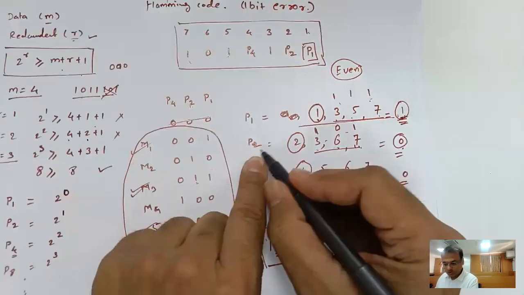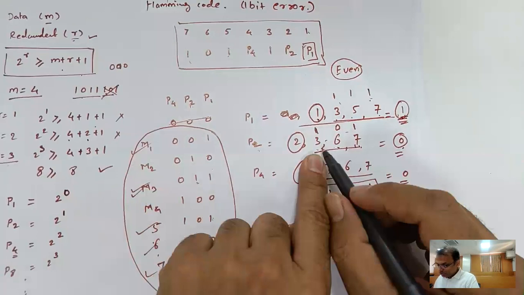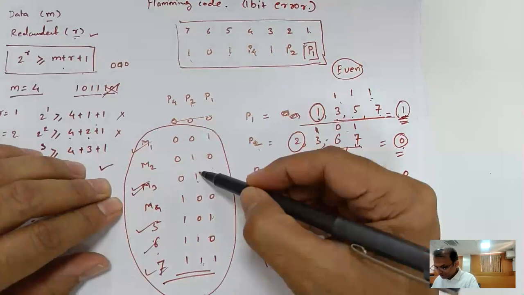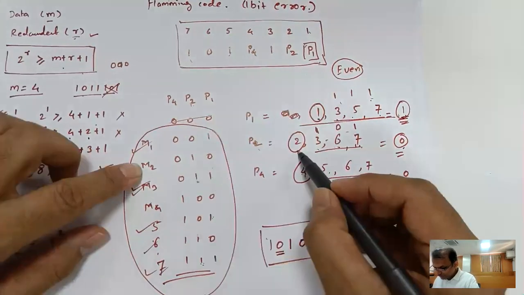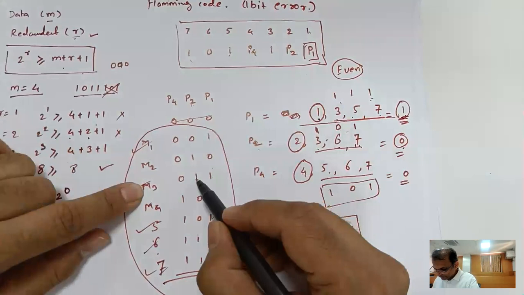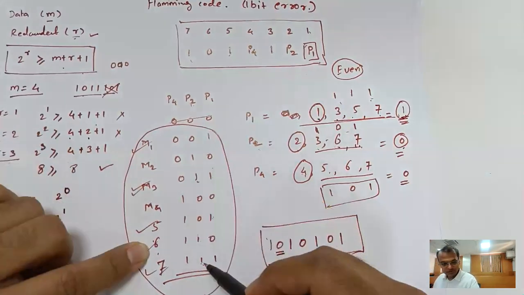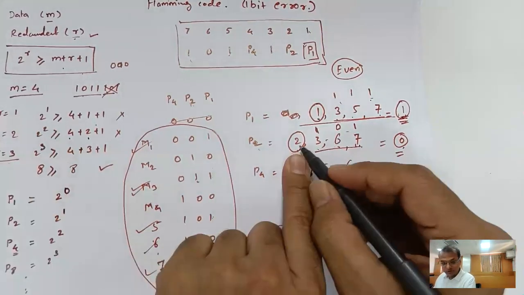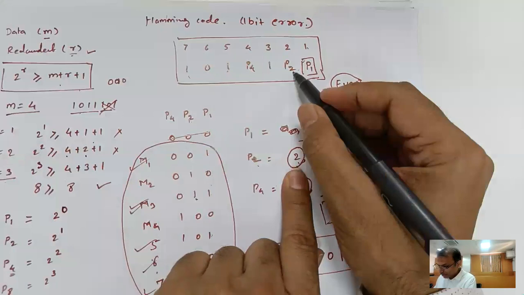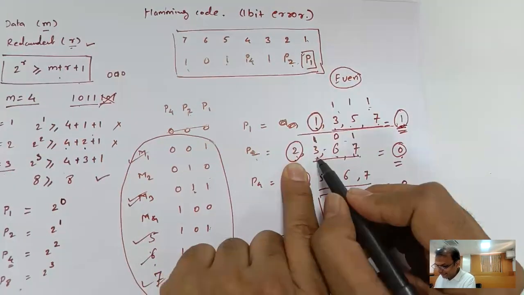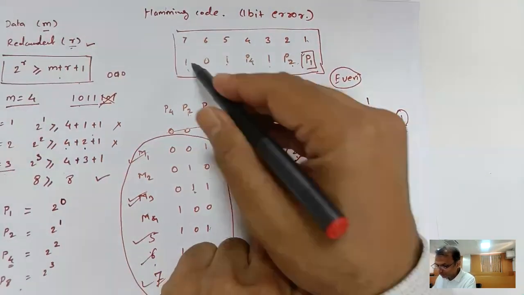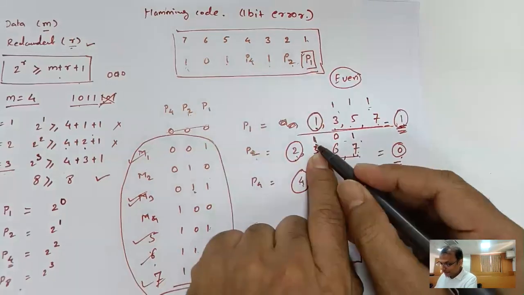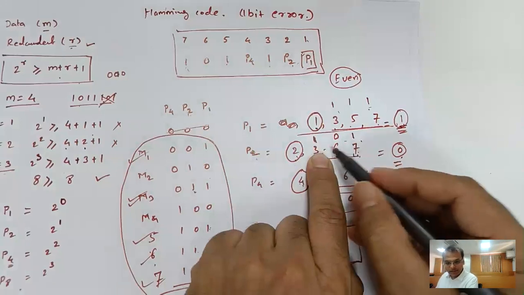For P2, now as you know, the P2 positions are 1, 2, then 3, and then 6 and 7, right? So now you want to find out the P2 value, the second position. So what is the value of 3, 6, 7? 3, 6 and 7, 1, 0, 1, 1, 0, 1. Okay, so now it is odd parity or even parity?